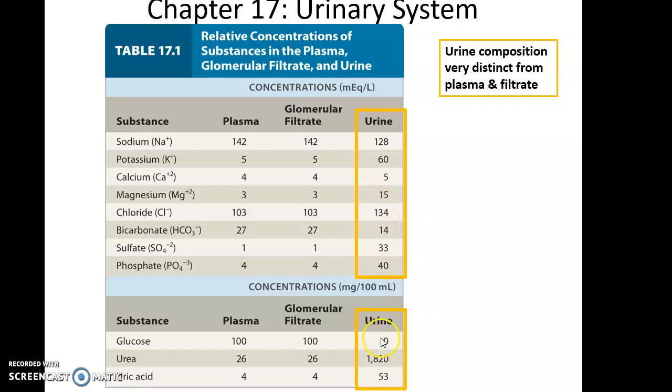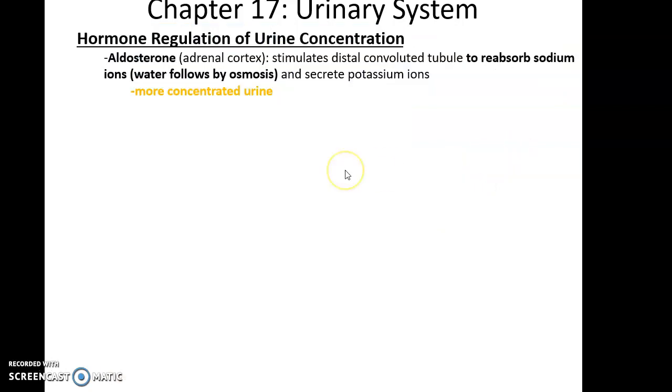And as we can see, there should be 0 glucose in the urine and a dramatic increase in the wastes, urea and uric acid. So urine's composition is distinct, with the goal of getting rid of wastes and conserving important nutrients. All right, hormones help to regulate urine concentration.